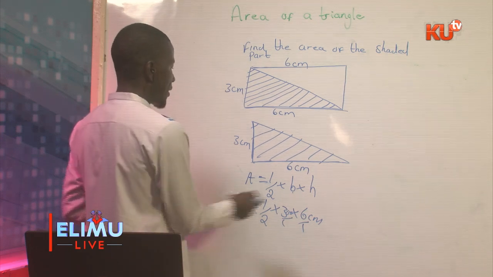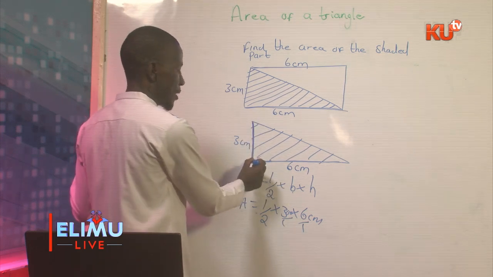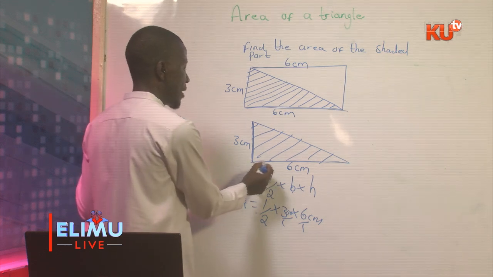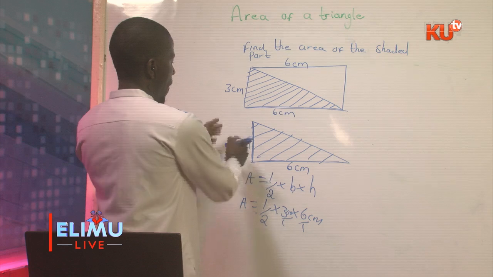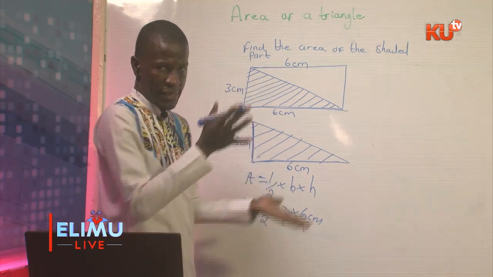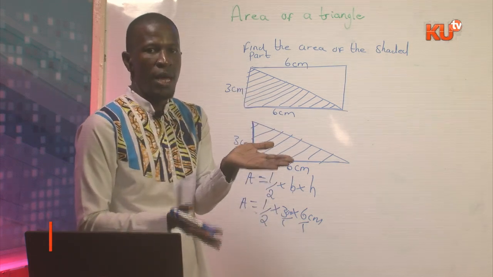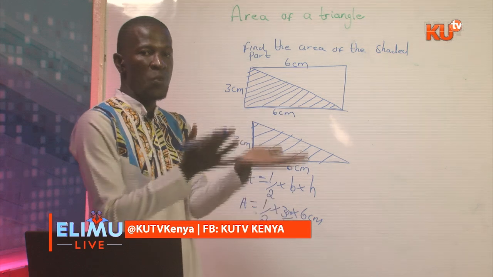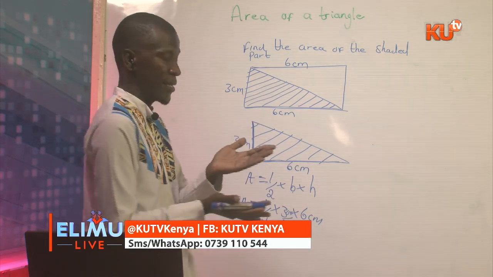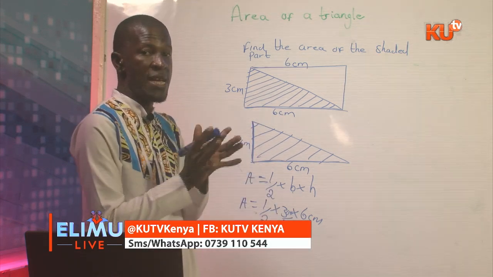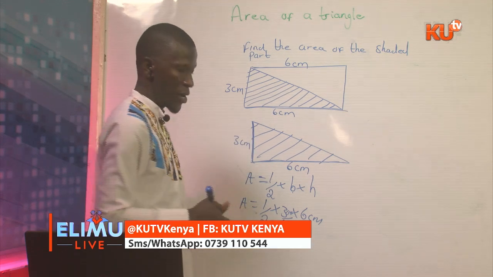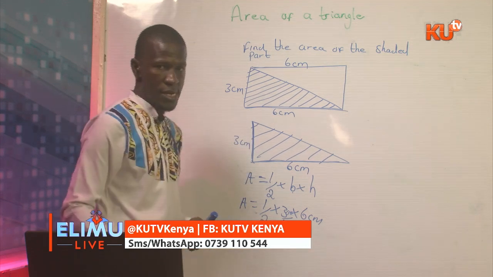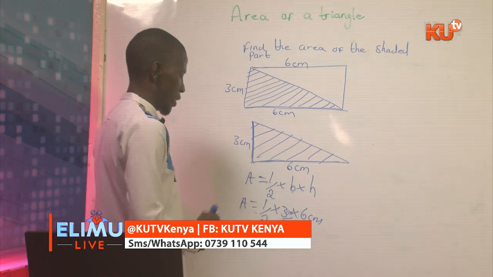So our base is 3 centimeters and our height is 6 centimeters. Why is this our base? Because it is slantly positioned and the base is always smaller than the height. Height is bigger than the base. Is that clear, everybody? Now let's proceed and work this one out.